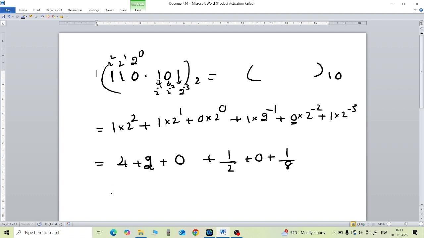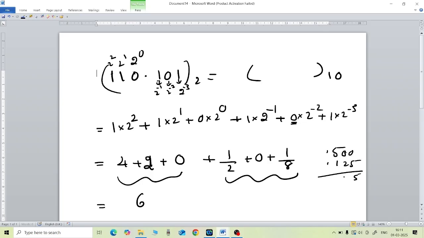So the integer part is 6. Then 1 by 2 is 0.5, we know, plus 1 by 8, that is 0.125. So we get 0.625. This is the decimal equivalent of this number.